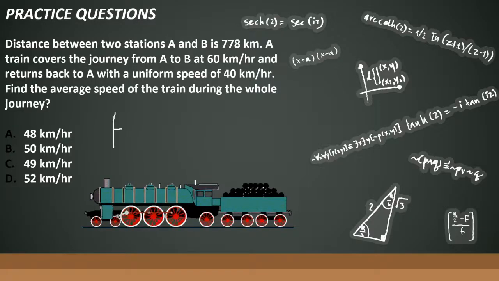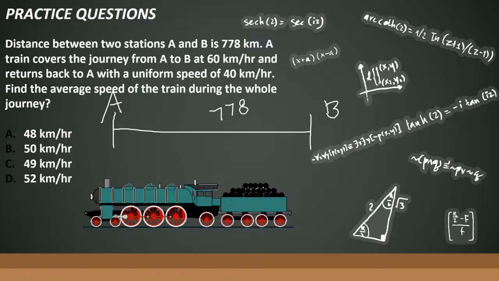So these are point A and point B. The distance between them is 778 kilometers, and the train's speed from point A to point B is 60 kilometers per hour, and it returns back with a speed of 40 kilometers per hour.